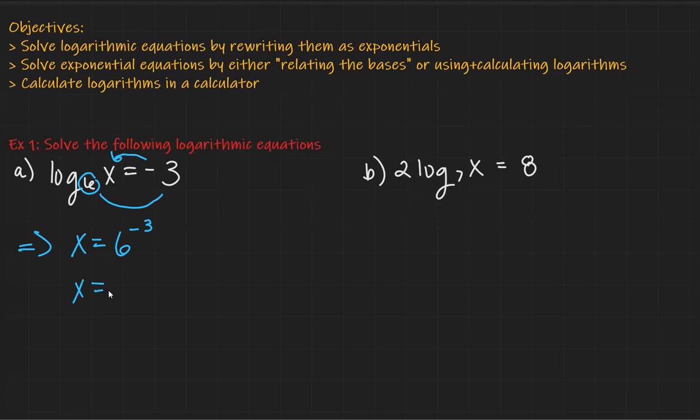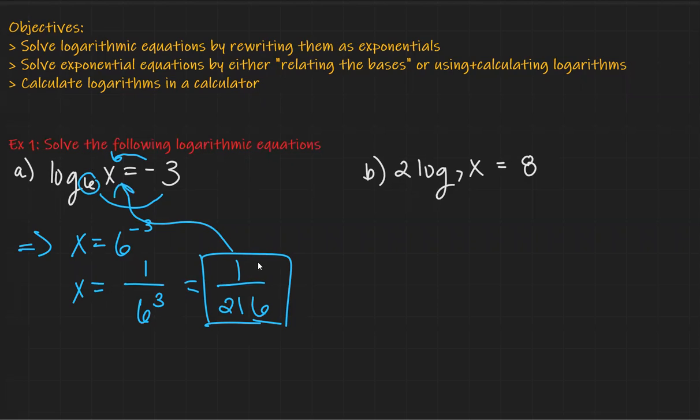I can rewrite this as 1 over 6 to the positive 3. 6 to the third power you might know off the top of your head, but if you don't, jam it into your calculator. It's 216. So this is 1 over 216. Sweet. So log base 6 of this number is negative 3, and that's our x.